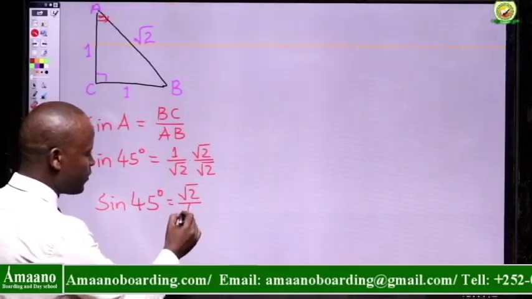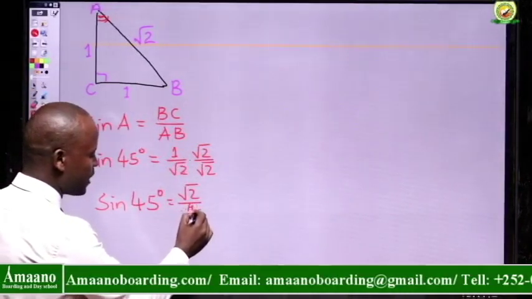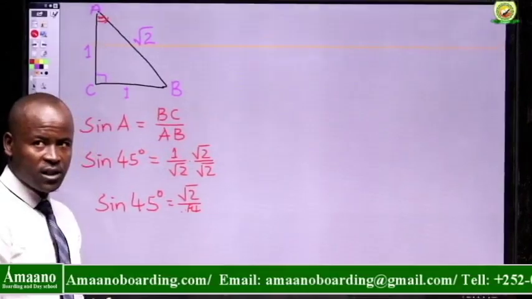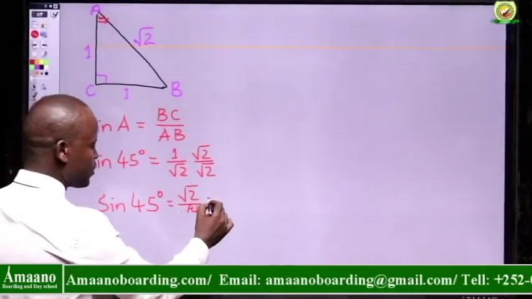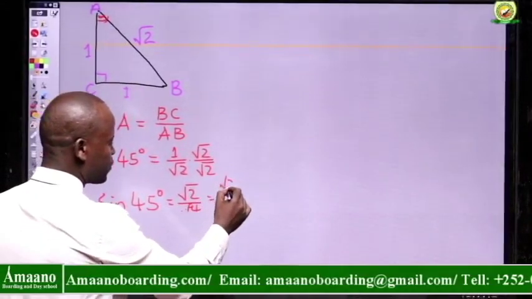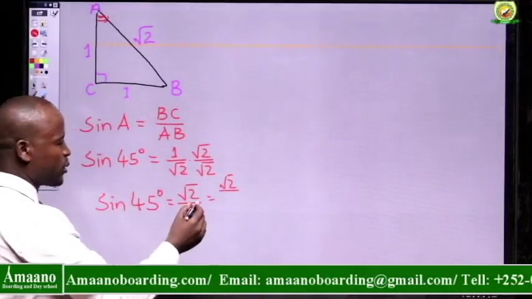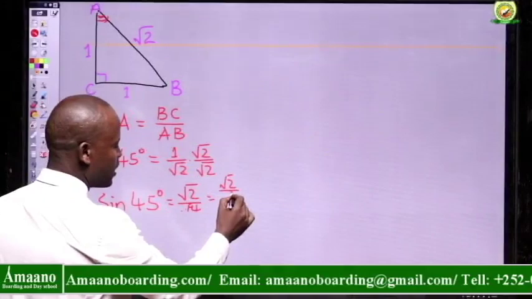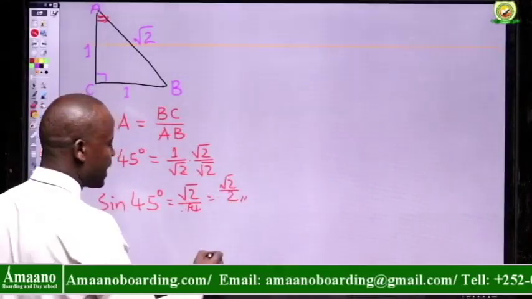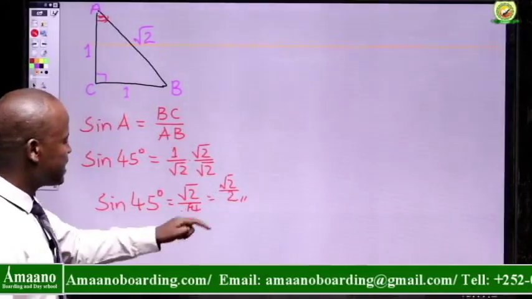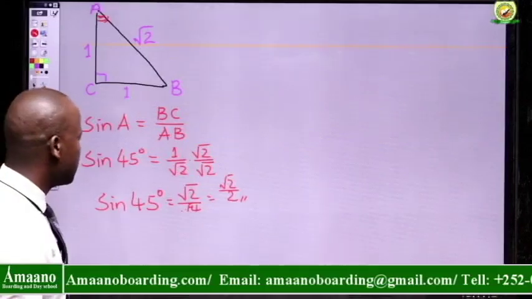So we have radical 4, the square root of 4. So this is equal to the square root of 2 divided by radical 4, and the square root of 4 is 2. So in short, you can write sine 45 is radical 2 divided by 2.